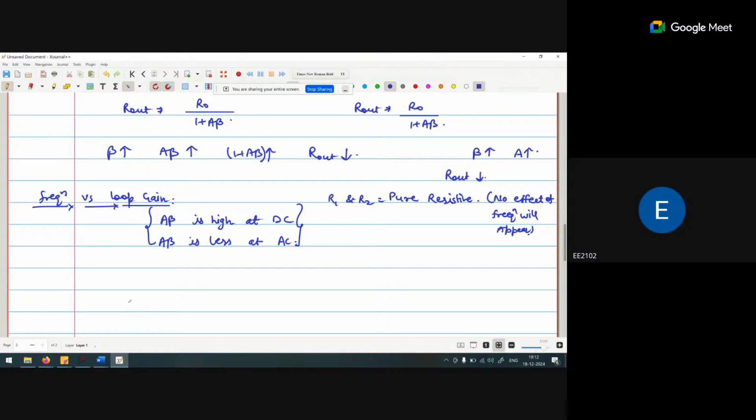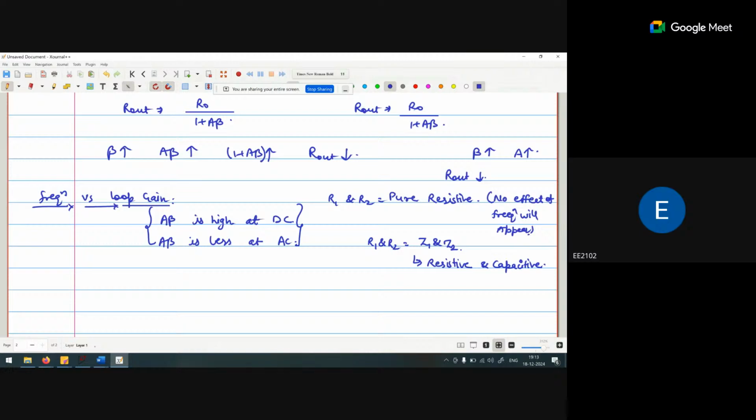Okay, but if in place of R1 and R2 we take Z1 and Z2, the behavior is not purely resistive, we are saying resistive and capacitive. Okay, resistive and capacitive.